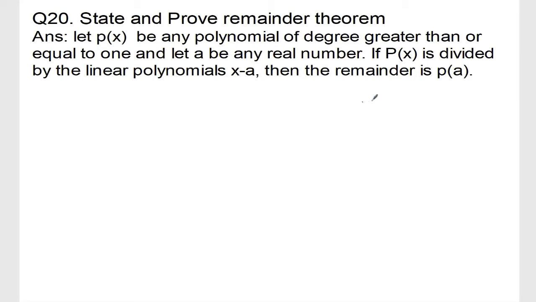You are dividing the polynomial p(x) by x minus a, and the remainder at last is p(a). Here the quotient is, let's say, q(x), and the remainder is r.